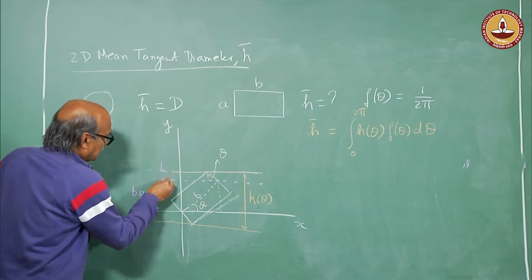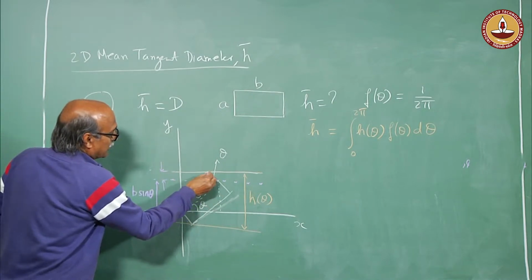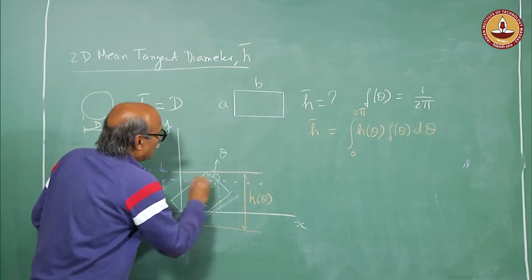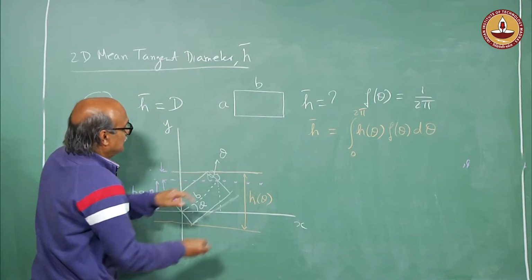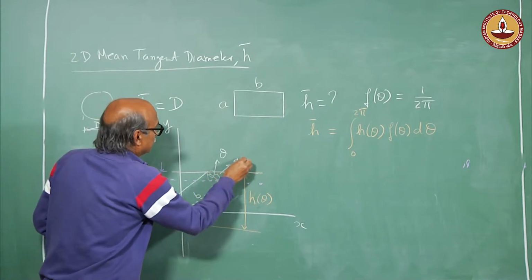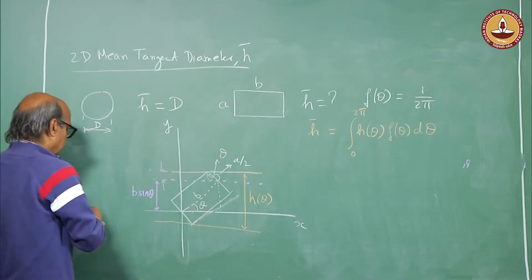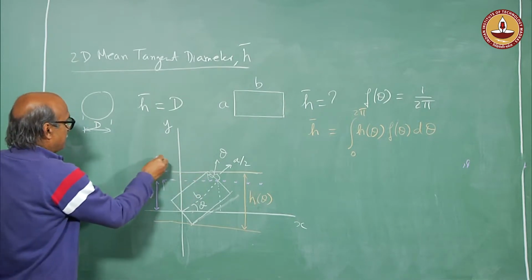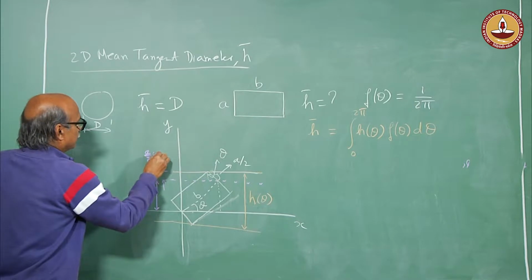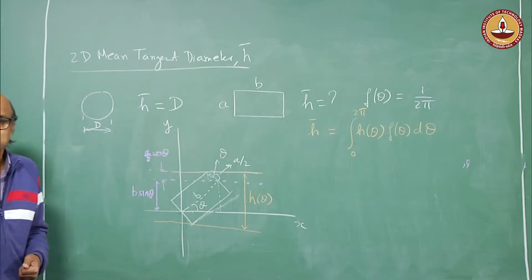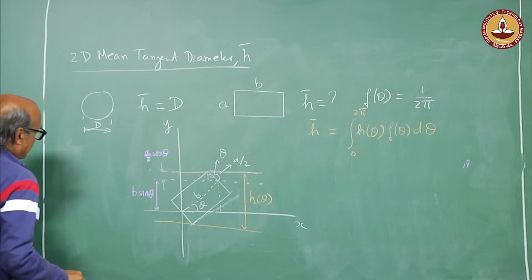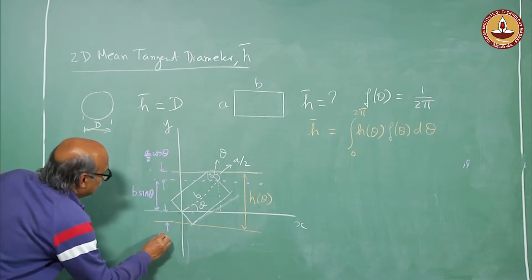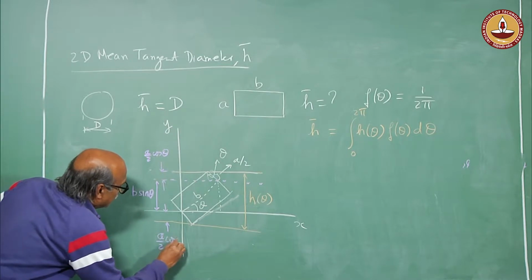Hence, if you consider this small triangle, what is this length? This is a by 2. Hence, this length would become a by 2 cos theta. Similarly, this length would also be a by 2 cos theta.